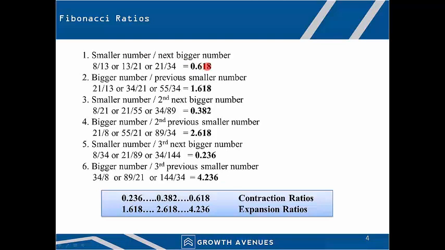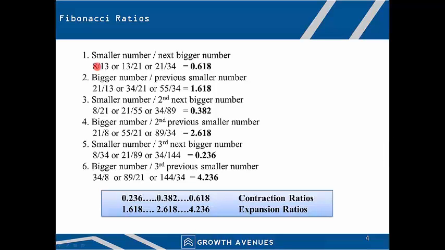The larger the number you go to, 377 by 610, 610 by 987, 987 by 1597, 3 digits, 4 digits, 5 digits, 6 digits, the numbers will become purer and purer, tending towards 0.618. When you do it at 8 divided by 13, it will not be 0.618, it will be closer to something like 0.615.